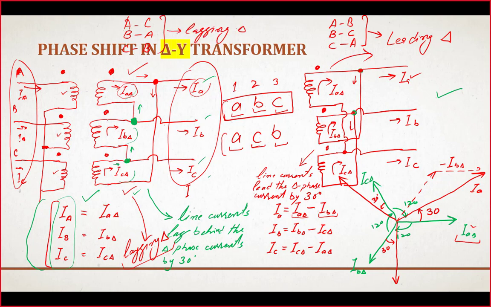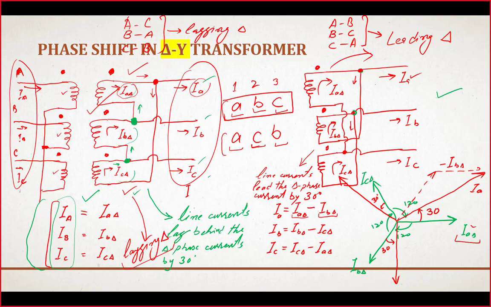We have explored this phase difference with respect to the currents. The same result exists for the voltage. No need to verify, because in order to verify the voltage we would have to move from the delta to the Y side, considering the voltage of the delta side as a reference and then exploring the Y side. So the same result exists. In case of this arrangement where the delta was lagging delta, the Y side voltages will also lead the corresponding line to line voltage on the delta side.